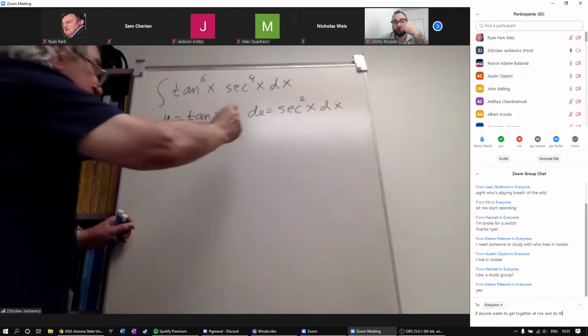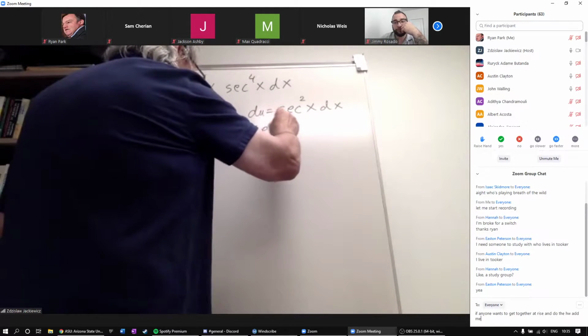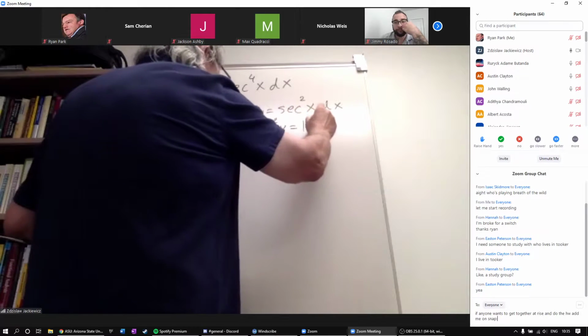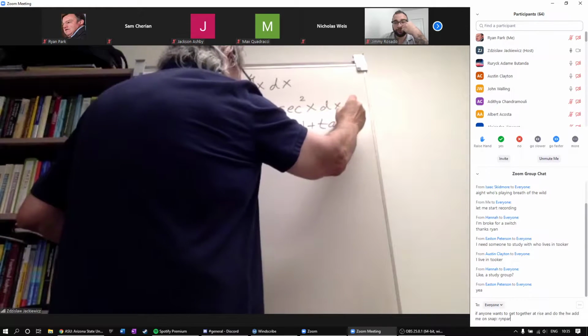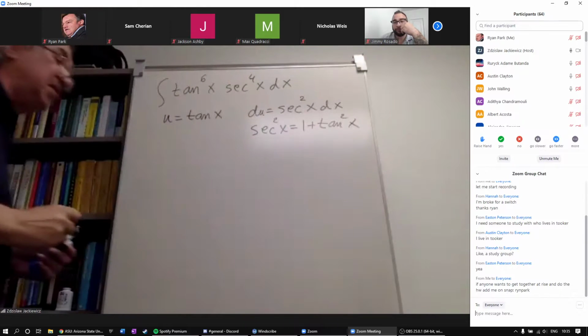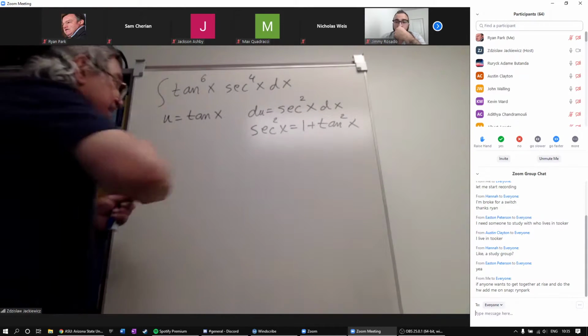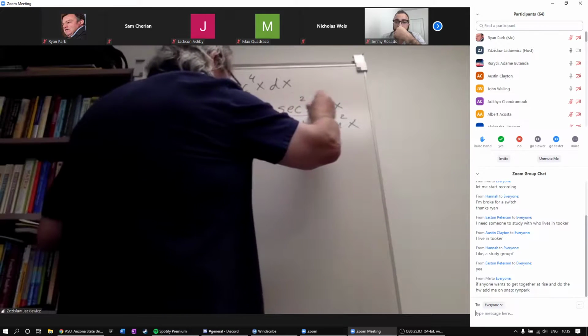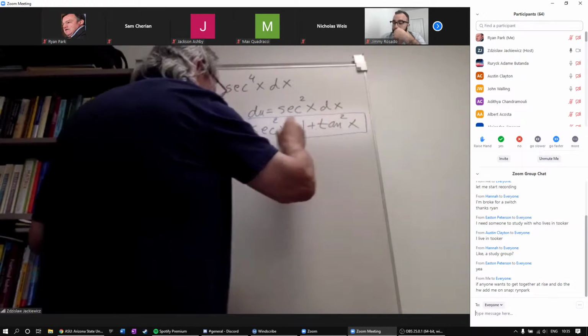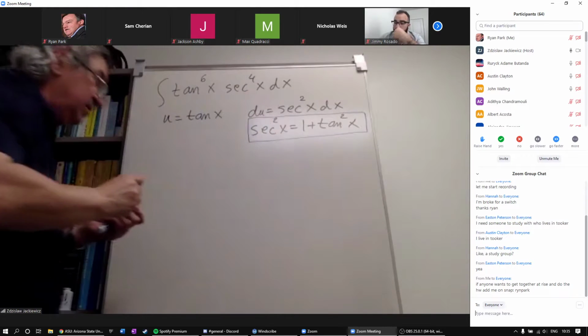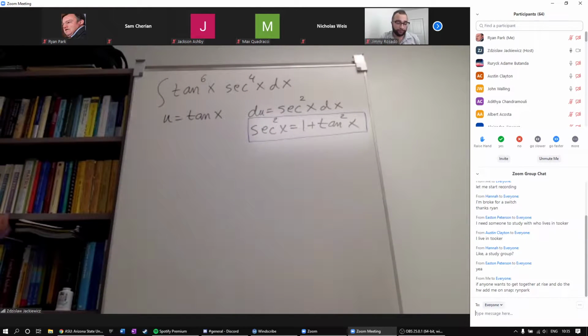So I will put here secant squared x is 1 plus tangent squared x. So that's the identity we'll be using, and we'll be using this identity on many different occasions.